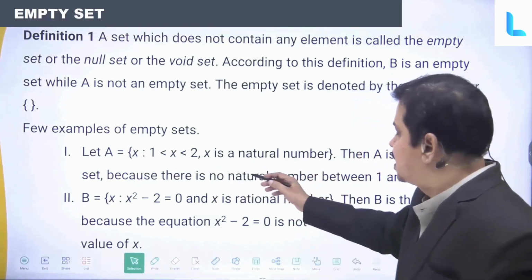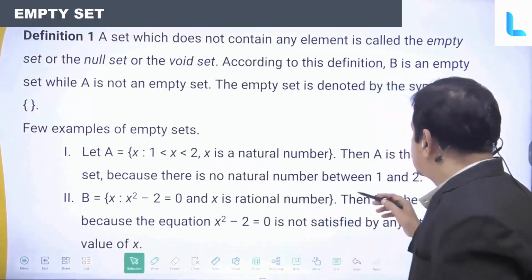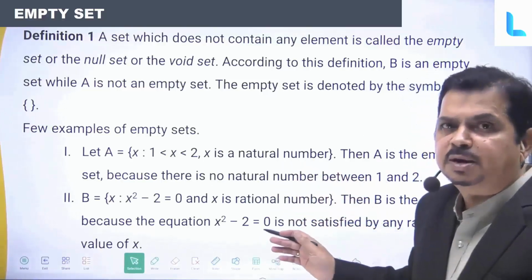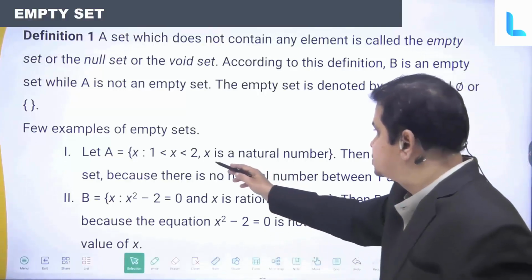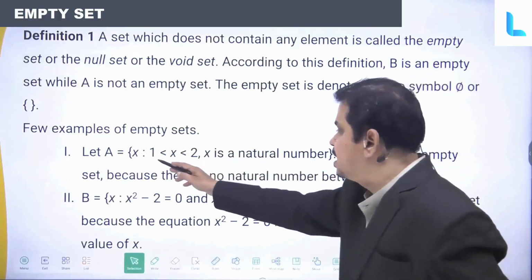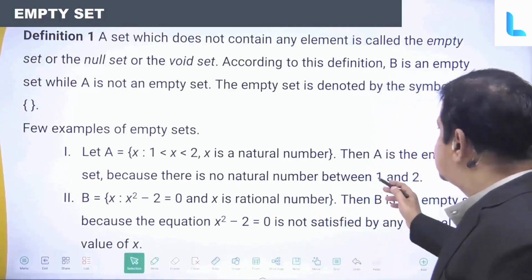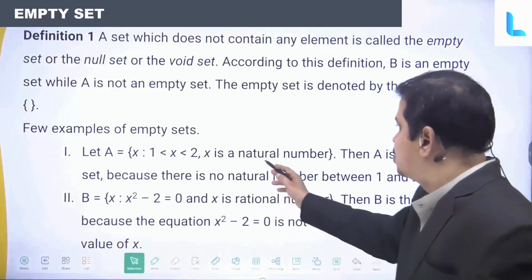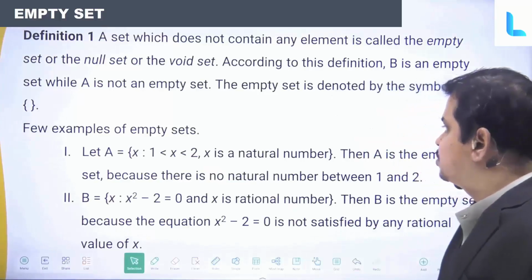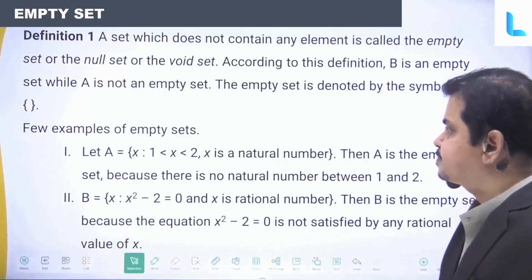When you observe this rule for writing the elements of this set, it becomes an empty set, because there is no natural number between 1 and 2. Clearly A is an empty set. I hope you are clear with the understanding of an empty set.